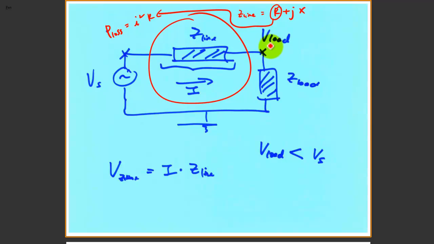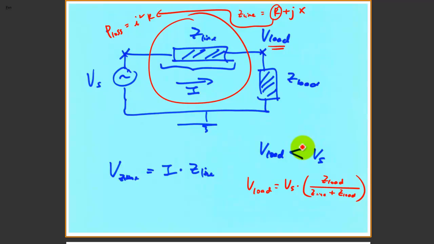The voltage profile here, which is V load, can be calculated from this simple circuit. V load will be equal to V, the sending voltage, multiplied by the ratio of Z load over the denominator, which is Z line plus Z load.